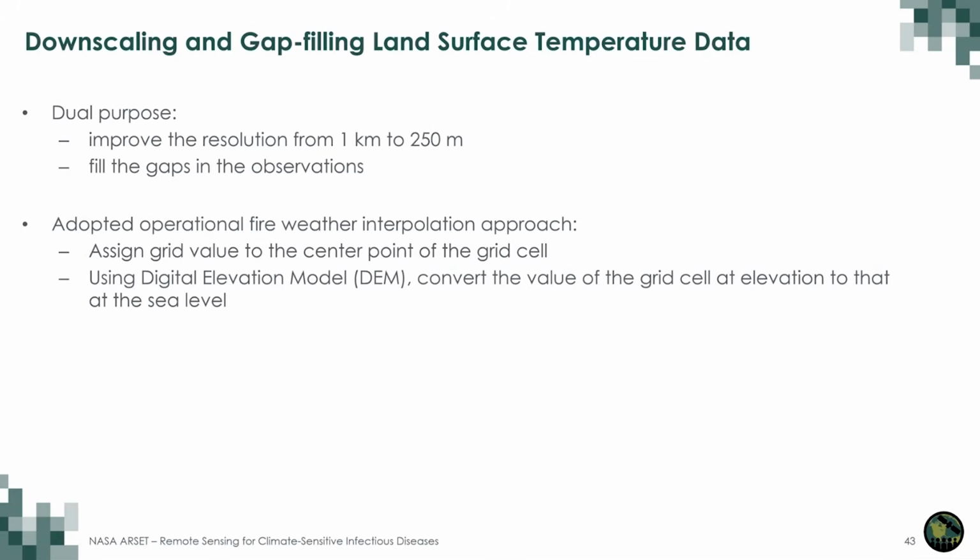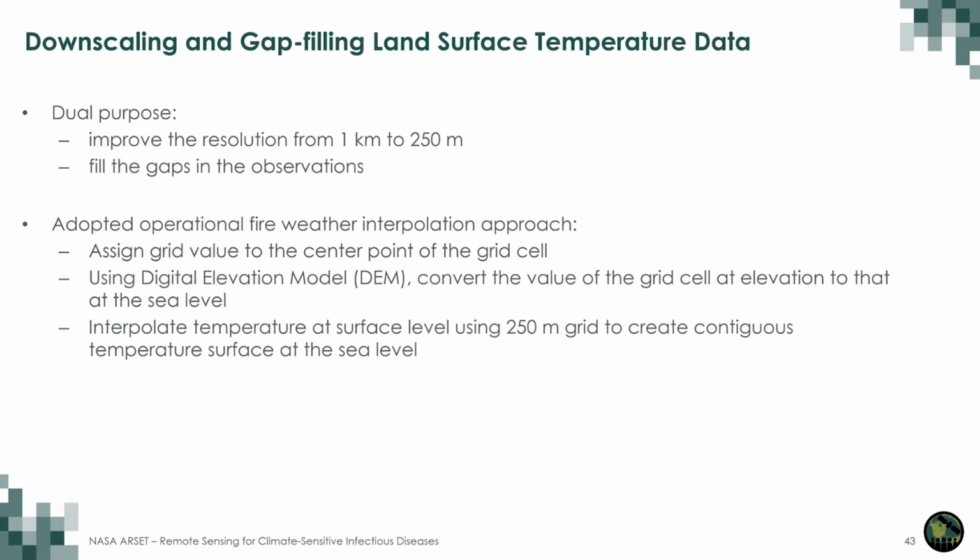So we still have a lot of gaps, but now all our temperatures appear as if they were at the sea level. Then we interpolate temperature between different valid observation points using a 250-meter grid to create a contiguous temperature surface at the sea level.